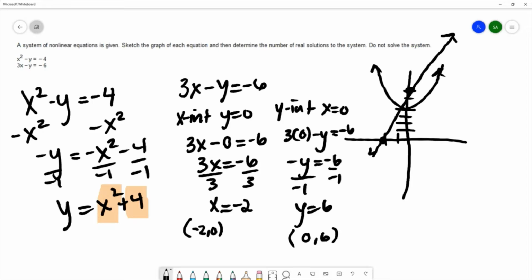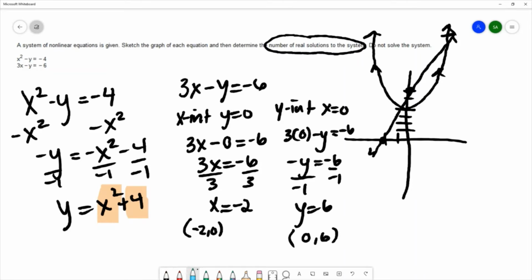If I extend this parabola a little bit further, I can answer the question about the number of real solutions in this system. The solutions to a system of equations will be ordered pairs that make each equation true.